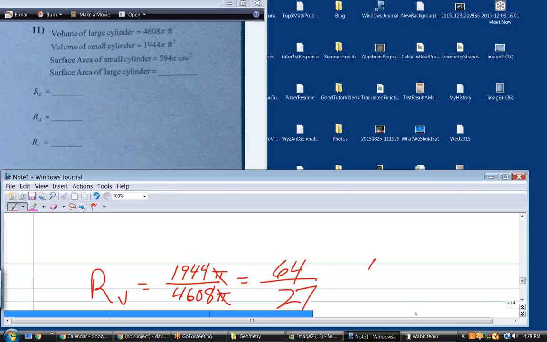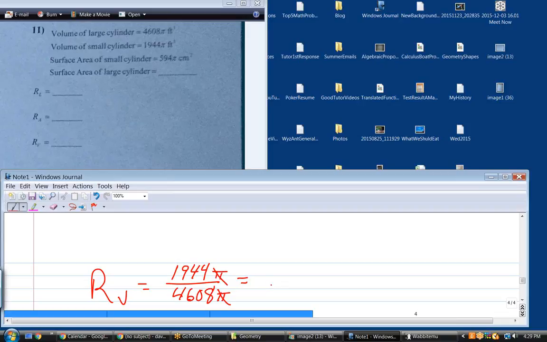Because the cube root of 64 is 4, the cube root of 27 is 3, so everything is nice. But when you're dealing with these kind of numbers, I just have this feeling that the cube root of that is not an integer, and the cube root of that might not be an integer. So you're going to end up with a decimal over a decimal. That's not going to be helpful. So let's just go ahead and convert this whole thing to a decimal immediately.